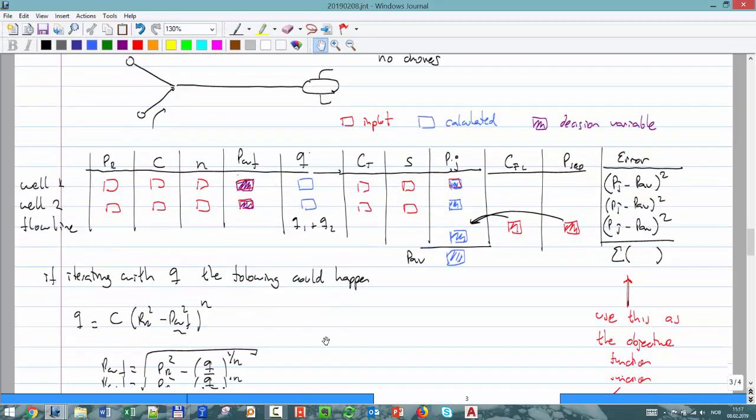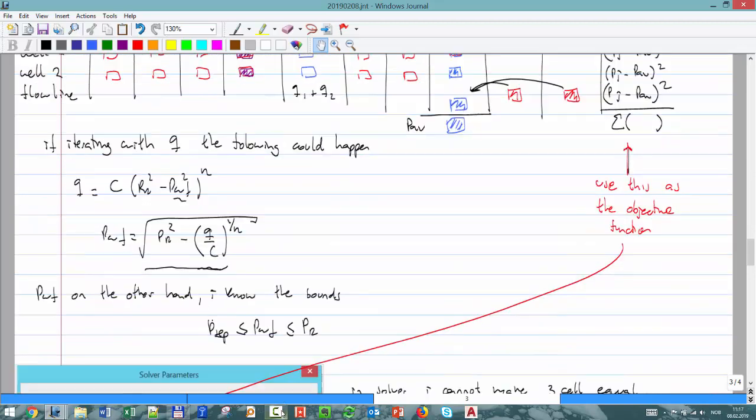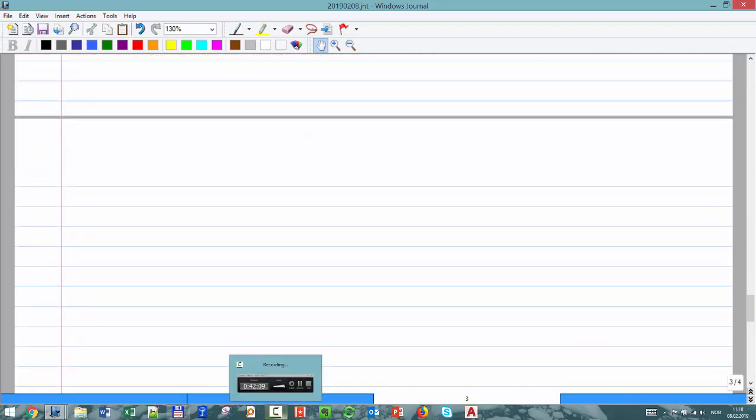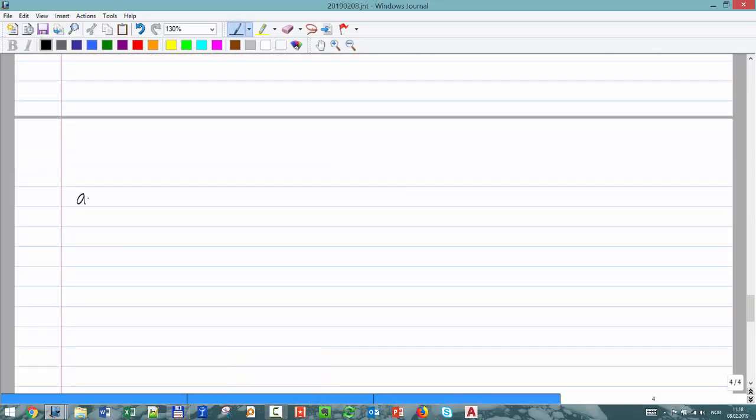Another complexity you might get in the exercise is having wells in the same network that are producing from different reservoirs.